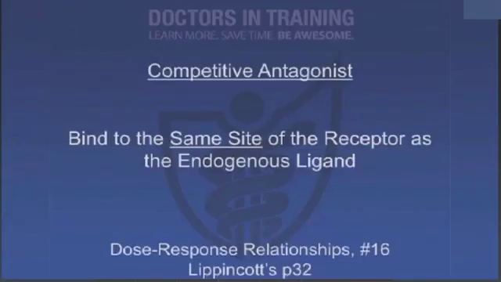The competitive antagonist is going to bind to the same site of the receptor as the endogenous ligand, or as the agonist does. So it's competing with that agonist for the receptor site. So that's why we call it a competitive antagonist. It's competing for the receptor site. So if we're going to stick with our blood pressure example, there's a drug called prazosin, which is an alpha receptor antagonist. It's going to compete with epinephrine at those alpha adrenergic receptors.